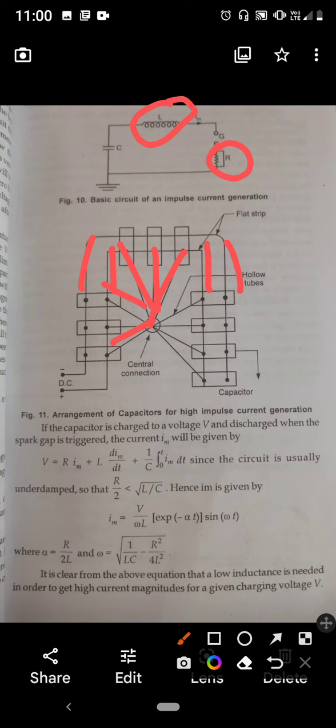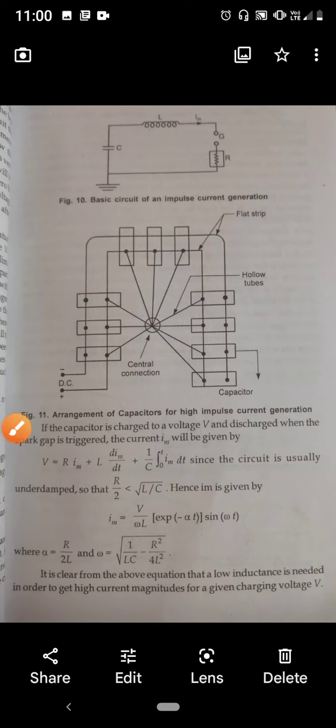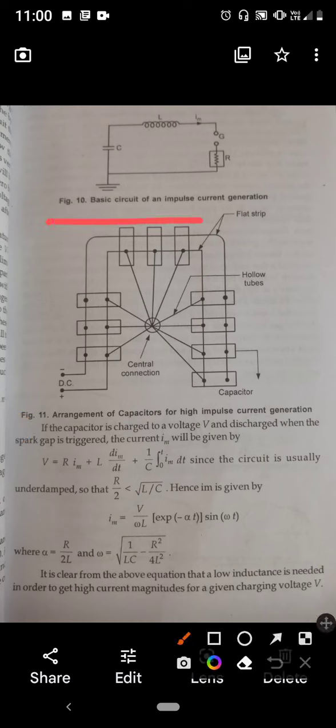When the charge discharges in the form of sparks through the spark gap G, the impulse will be generated. So it is a very simple working procedure of the basic impulse generator.